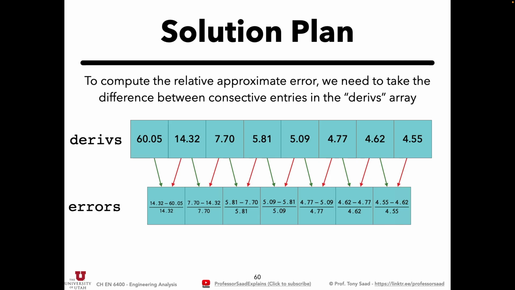So if we put the values that correspond to the arrows in red in their own array, and the values in green in another array, we can take the difference and divide and do the error, right? And this is where slicing comes in. This is where the view comes in. Because for the red ones, I want a view that contains 14, 7, etc., all of these guys. For the green arrows, I need a view that contains from the beginning until here. So I'm taking the difference between 2 views and doing the whole thing in one shot.